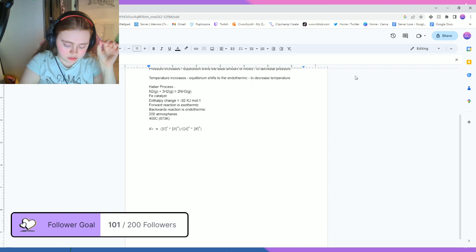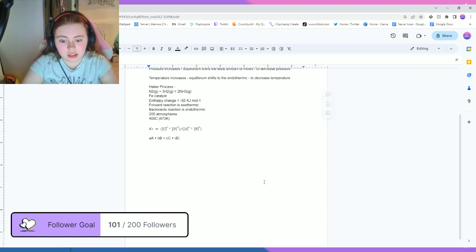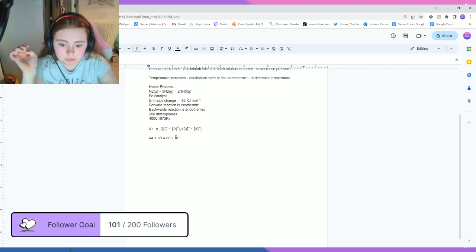So this takes from the general equation. I will explain what this means in a minute, I promise. This equation basically means products over reactants, and each individual molecule is to the power of whatever number is in front of them in the reaction.